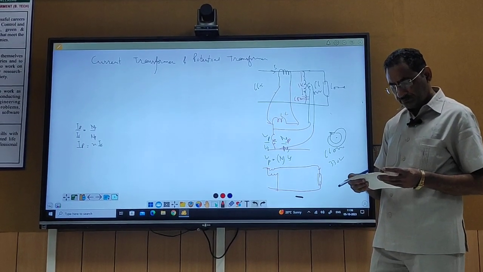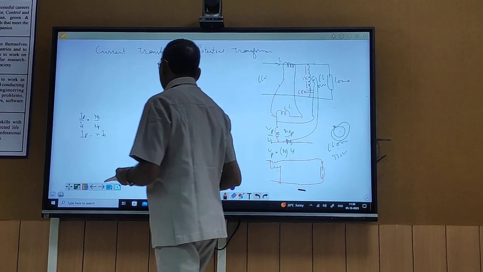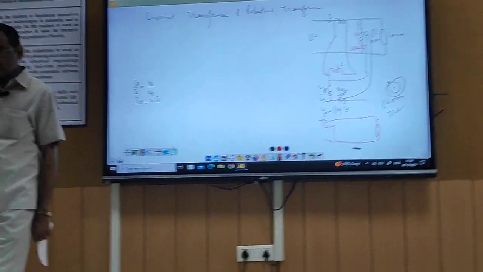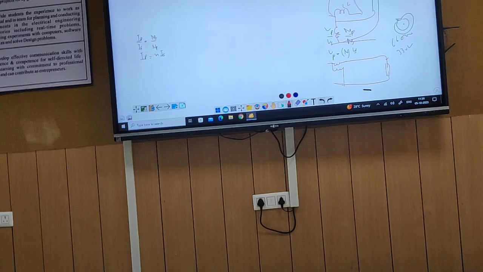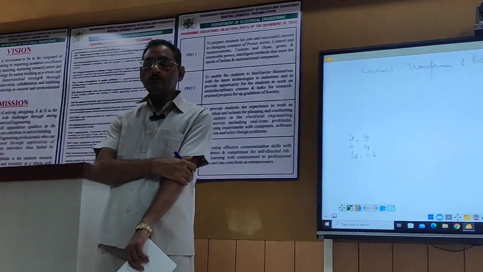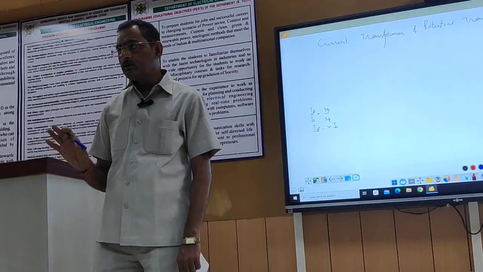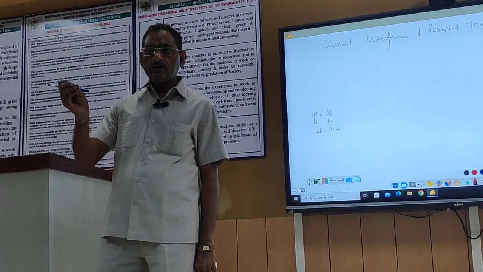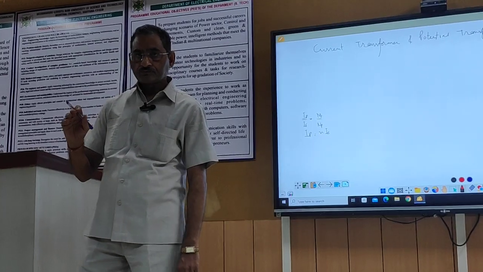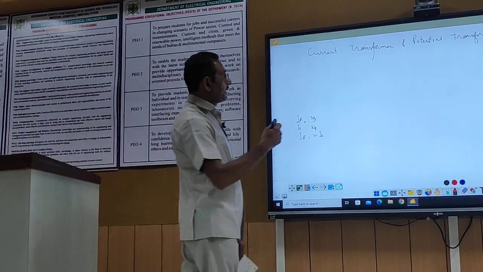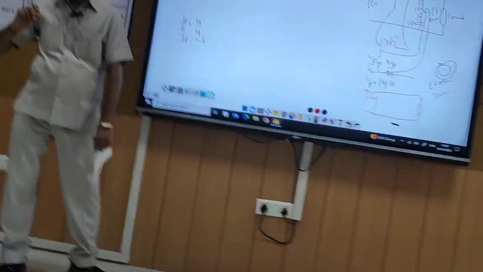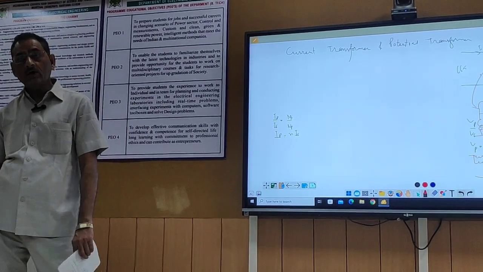Does anyone have any problem till here? Now, if such a type of measurement is done, is it accurate or is there some error, because this is an instrument transformer. It means the actual current on the primary side is less in comparison to the secondary side current.